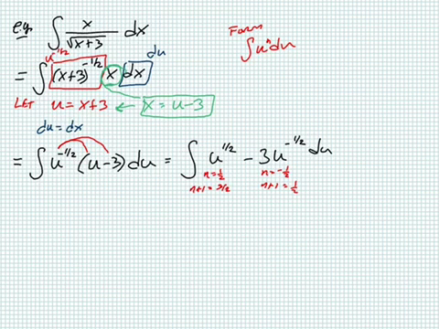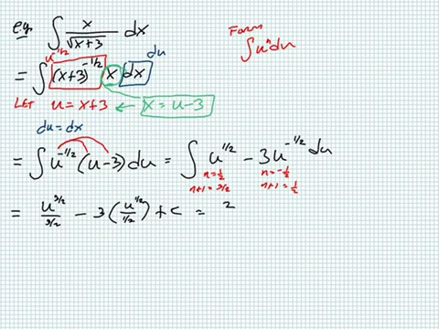Okay, so I'm going to do my antiderivative using my power rule. So I've got u to the 3/2 over 3/2 minus 3 times the antiderivative of u to the negative 1/2, which is u to the 1/2 over 1/2, plus c. And I'm going to clean this up a little bit.